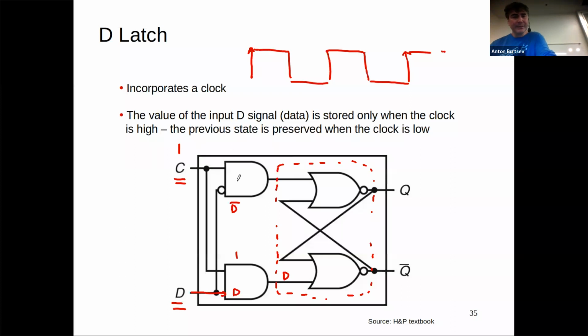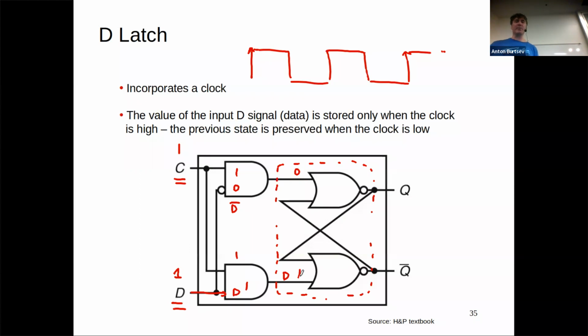And 1 and not D. Well, let's imagine, just for the sake of argument, that D is 1. Then inverted D is 0, right? It's AND, so this one is 0, and this one is 1 and 1, which is 1, right?